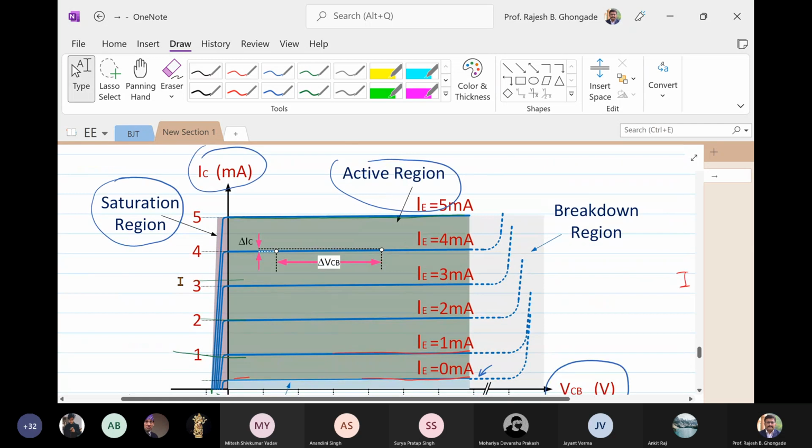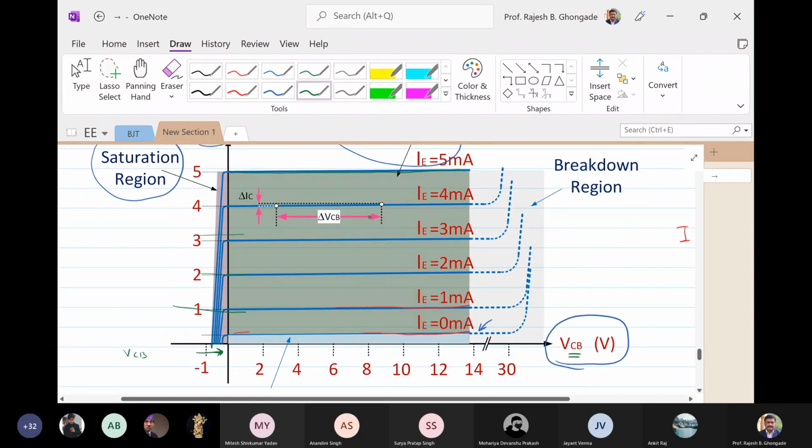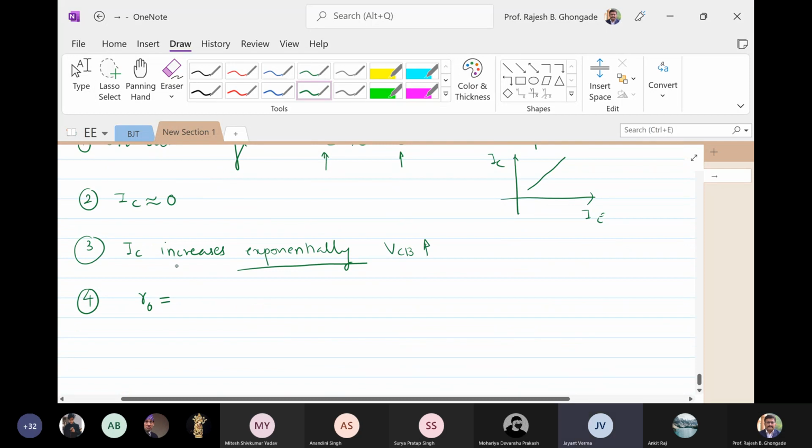Change in output voltage divided by change in output current. यानी ये देखो यहाँ पे मार्क किया मैंने, डेल्टा VCB डिवाइडेड बाय डेल्टा IC. So defined as delta VCB divided by delta IC.